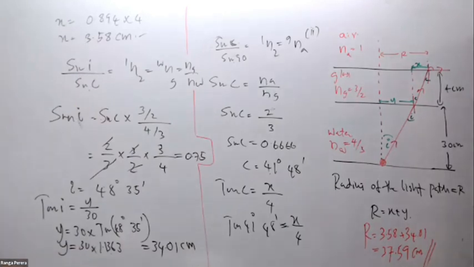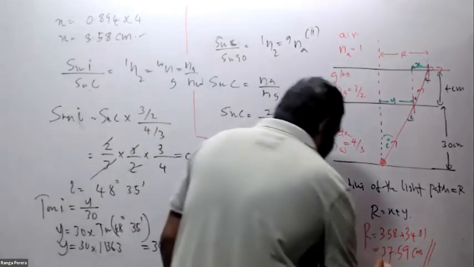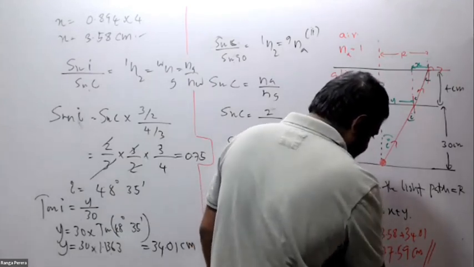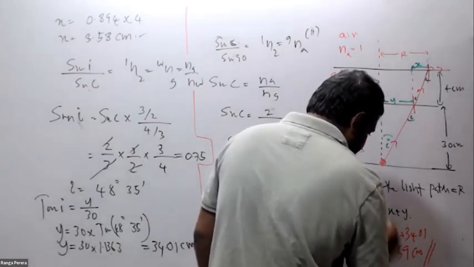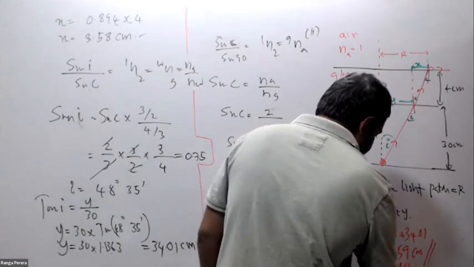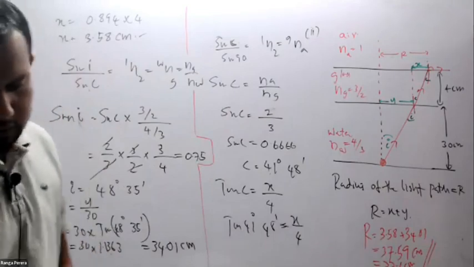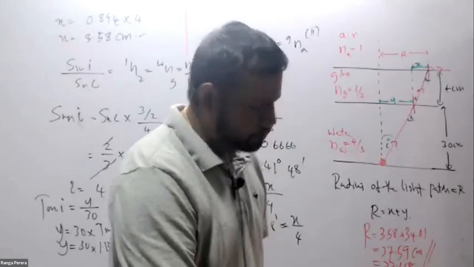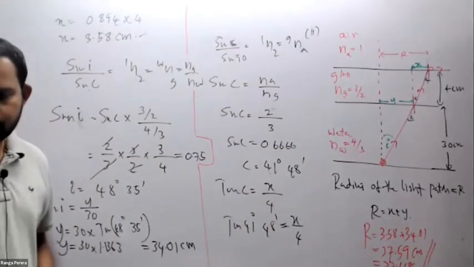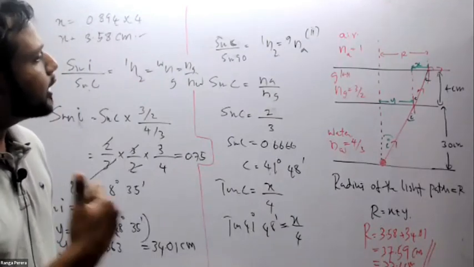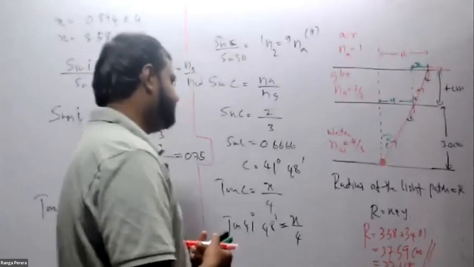Since the value is approximate, you can take 37.6, no problem. So if you place another layer of water, what will happen?